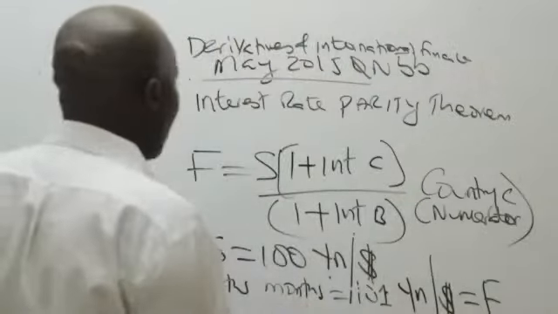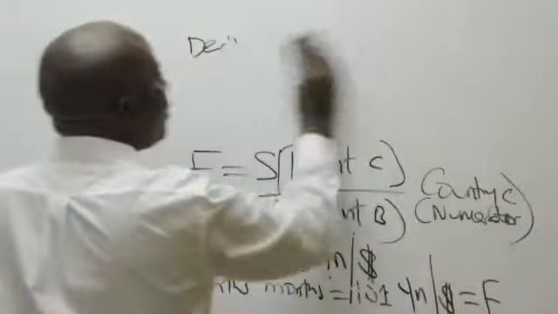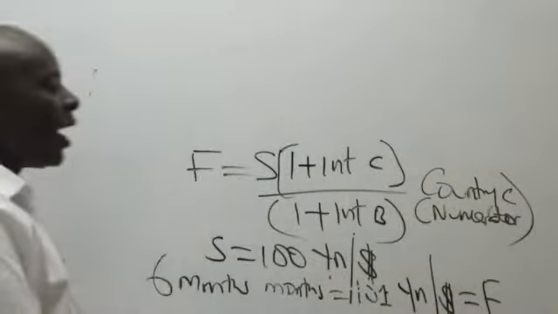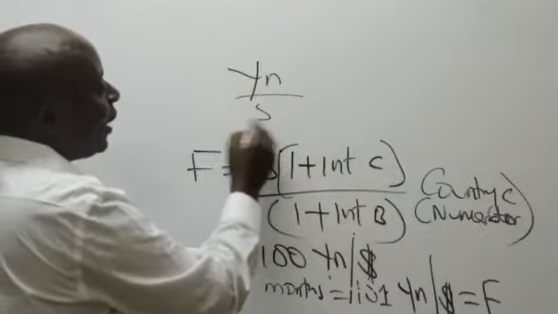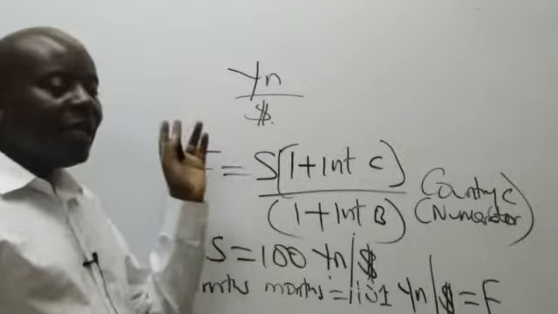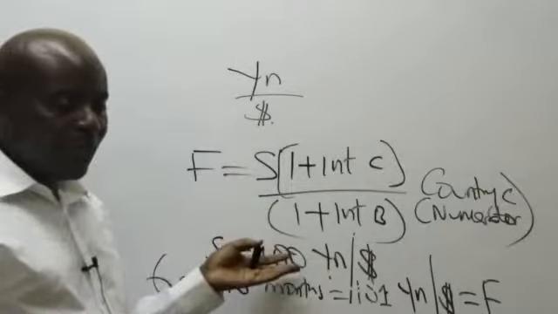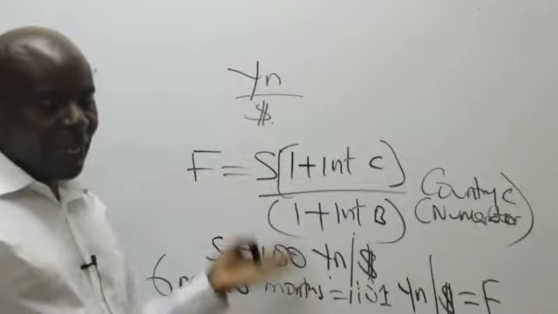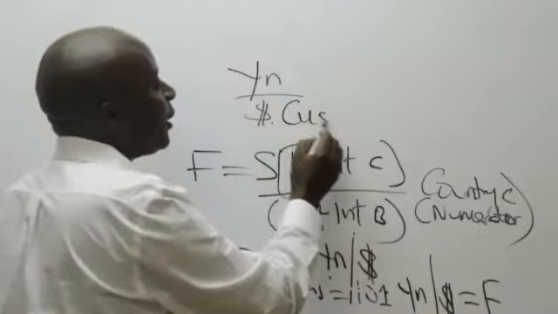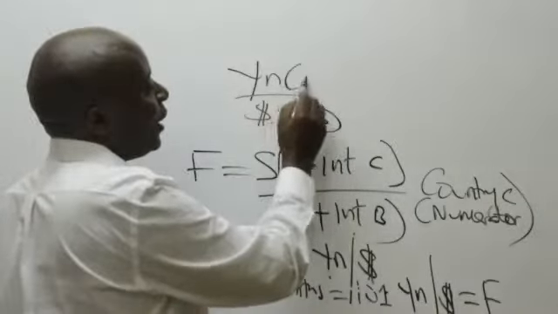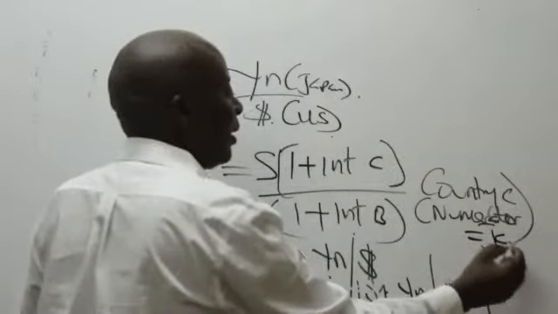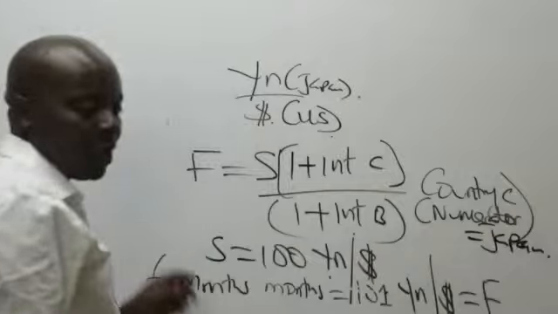This exchange rate is yens per dollar. If you look carefully, you can know which one has been sat on, which one is lying down. Straight away you know the dollar is at the bottom. So the denominator will be the US, and the numerator is Japan. So country C is Japan.